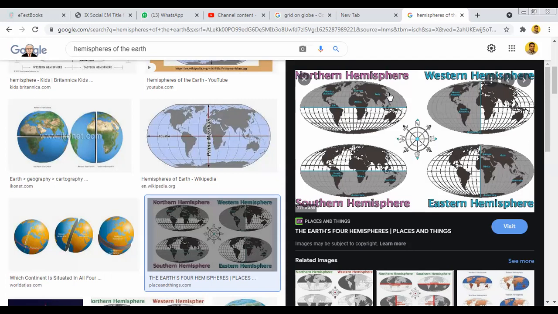Next, Arctic Circle is shown with the number 66.5 north degree latitude, which means it is located between the 66 and 67 north latitudes.